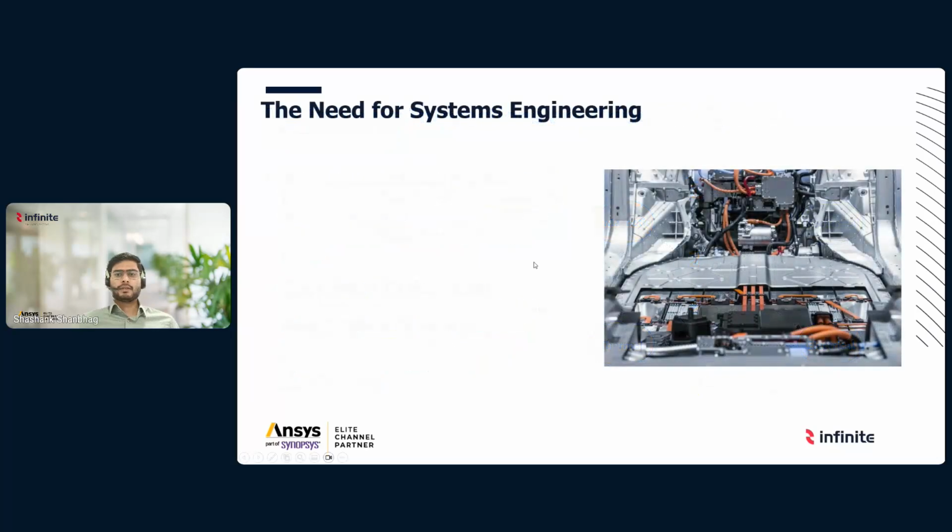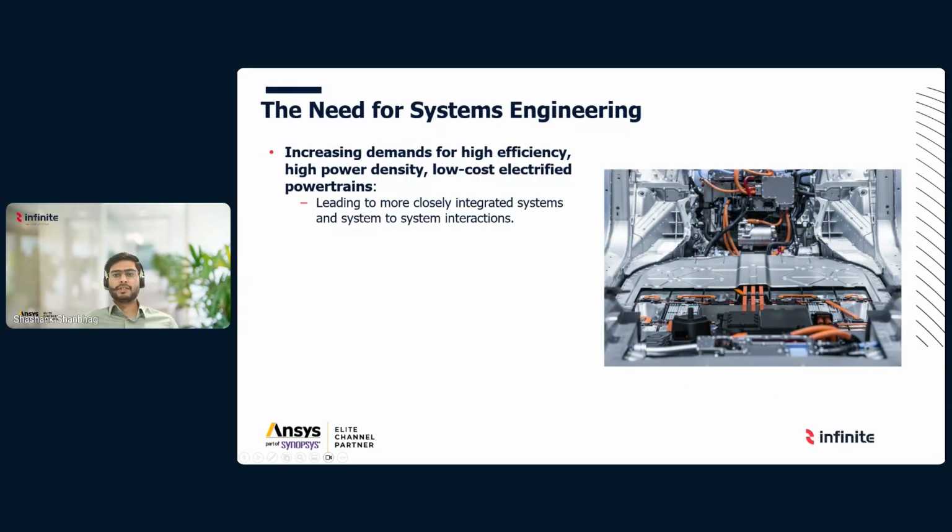We know that in electric machines, there are increasing demands of high efficiency, high power density, and low cost for electric powertrains, and that has led to more closely integrated systems and solutions. So small packages, shared cooling between the power electronic components and the electric machines.